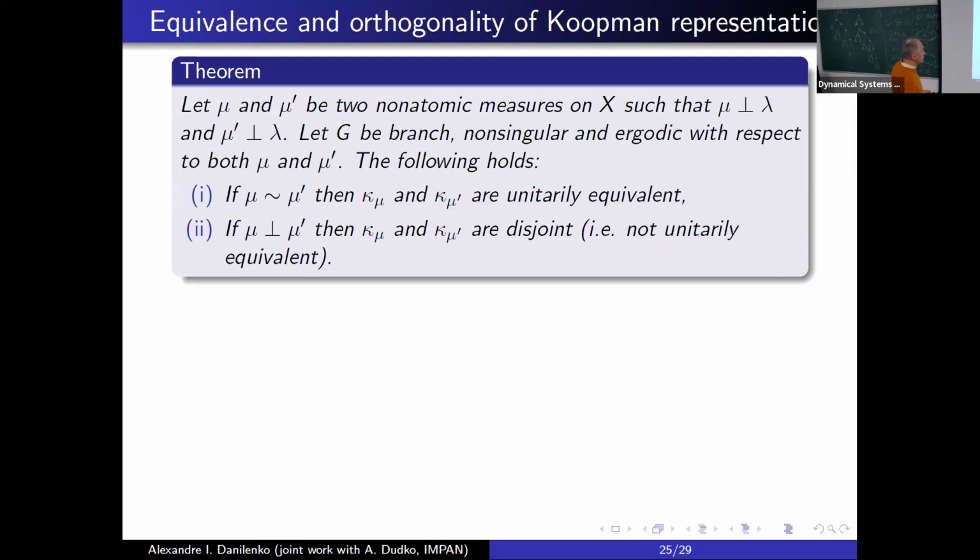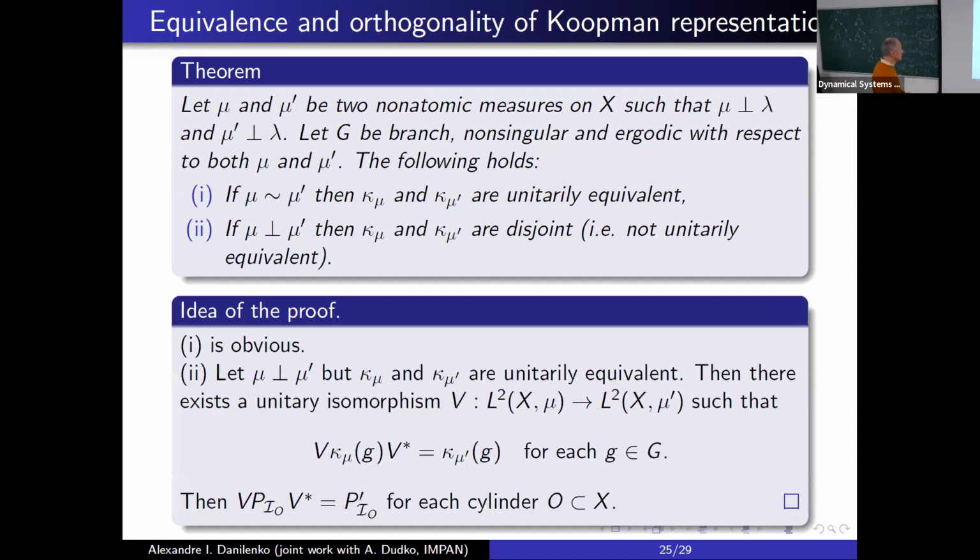If G is branch, non-singular and ergodic with respect to both mu and mu prime, then if mu is equivalent to mu prime, of course kappa_mu and kappa_mu prime are unitarily equivalent. If the measures are orthogonal, then the representations are disjoint.